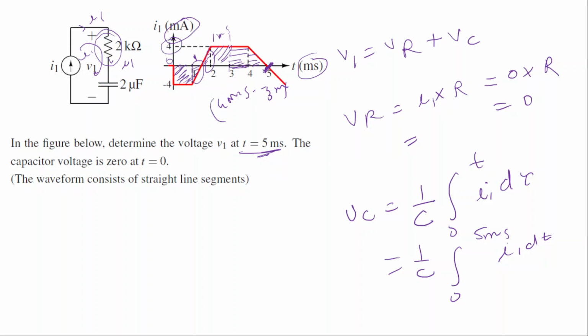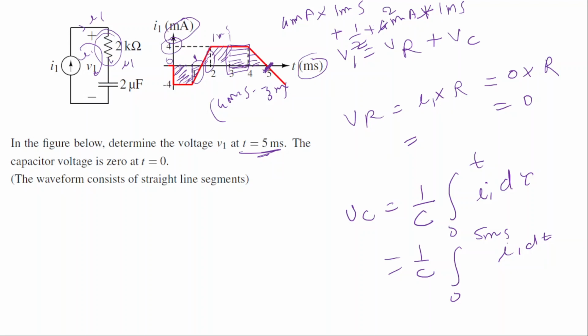So the area of this rectangle will be 4 milliampere multiplied by 1 millisecond, plus the area of this triangle, which is half of 4 milliampere multiplied by 1 millisecond, so this will be 2.